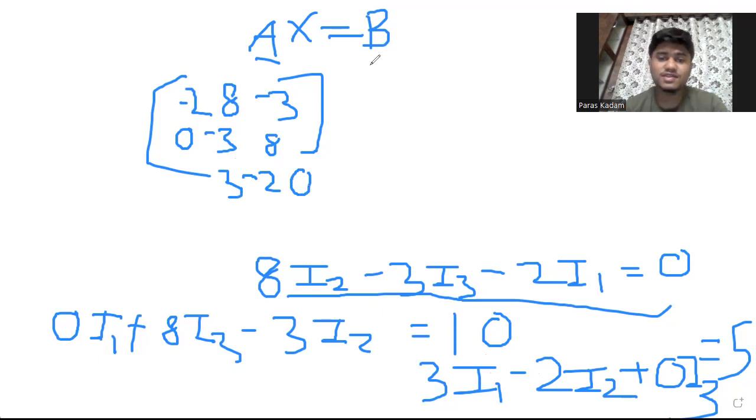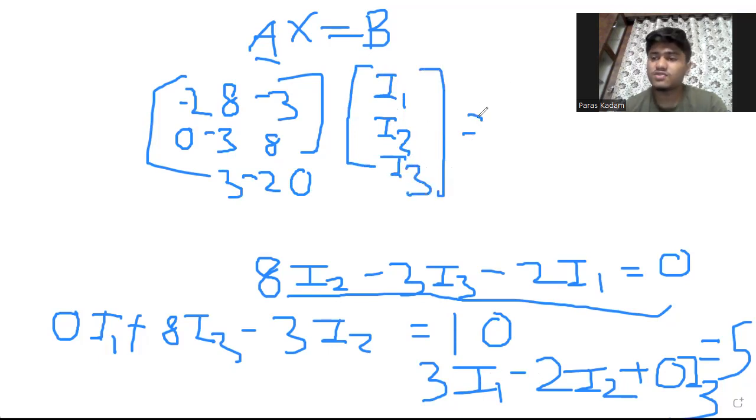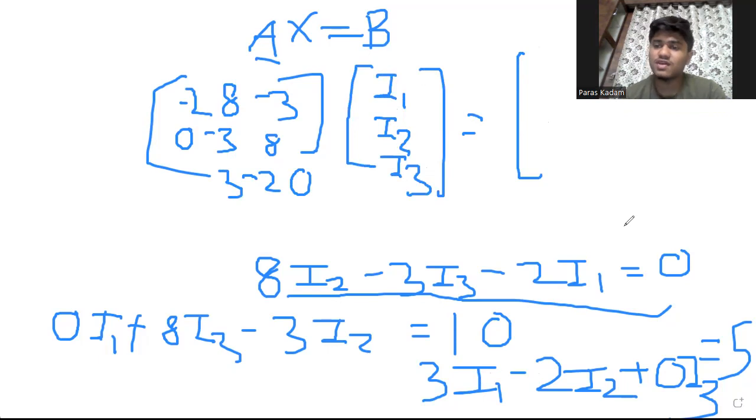This is our A matrix. And in X we will write I1, I2, I3. The X matrix denotes the matrix of unknown values, so I1, I2, I3 is a column matrix where we have to find the values of I1, I2, and I3. In the B matrix, we will write all the constants that are present on the right hand side. So in the first equation, we are seeing 0, so we will write here 0. In the second, we are seeing 10, so we will write here 10. And then in the third, we will write 5.